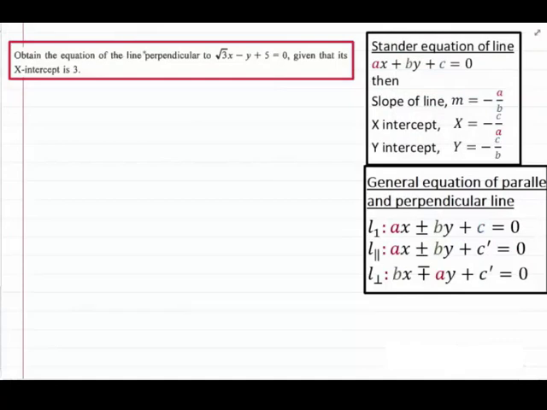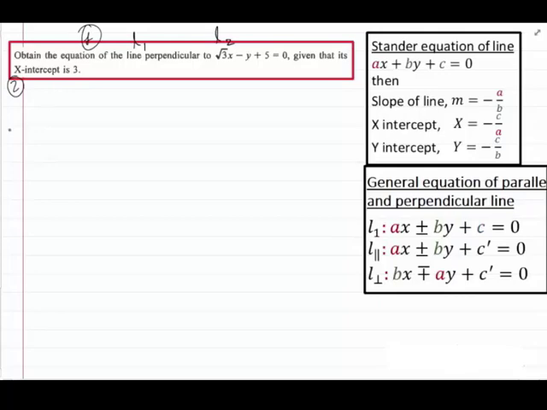Let's try to solve this example in which we have to obtain the equation of line L, which is perpendicular to line L2, root 3x minus y plus 5 equal to 0. Okay, this is the first part of the question, and the second part is x-intercept is 3.